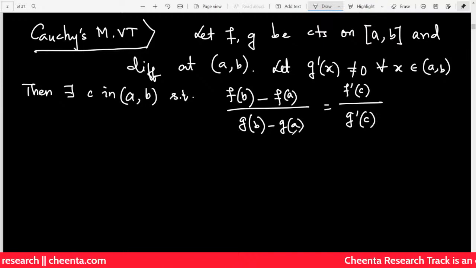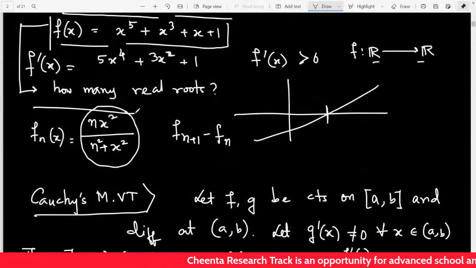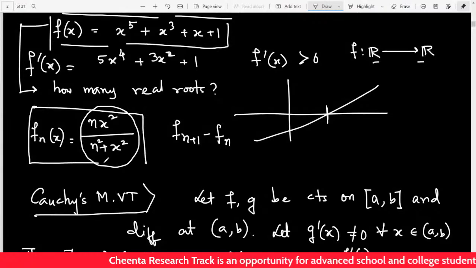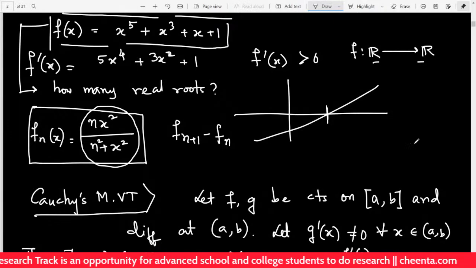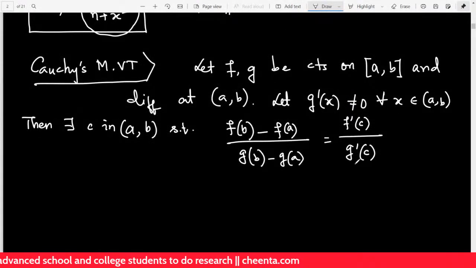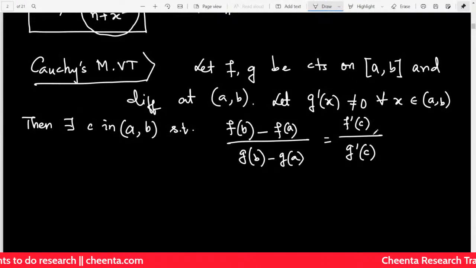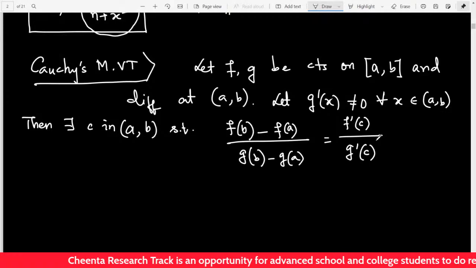Why is this important? Some of the problems are of this form, as you have seen. If you have a function of this form, then you can use Cauchy's mean value theorem to understand what f prime by g prime looks like. You don't have to compute it at a certain point again and again to make sure what it is.